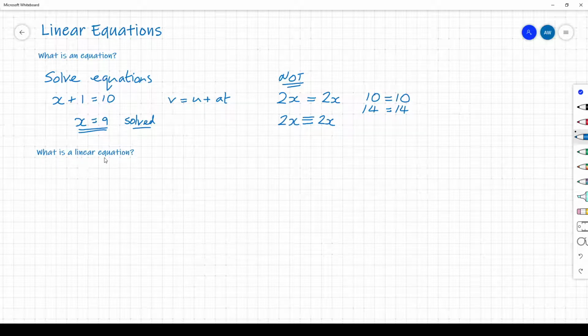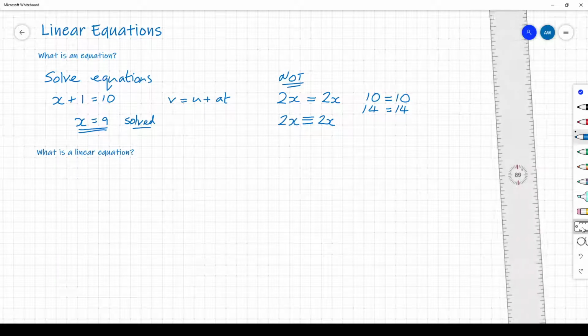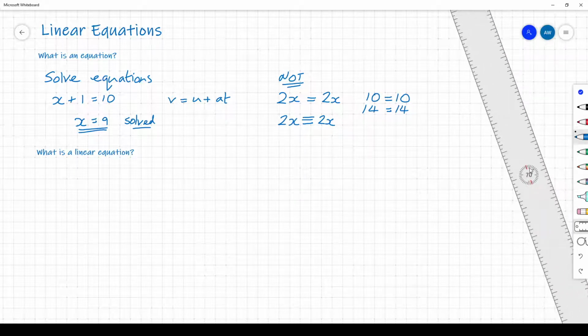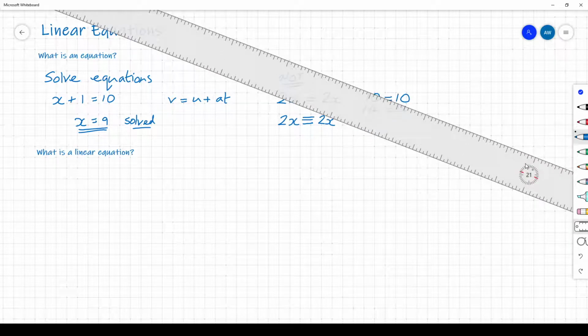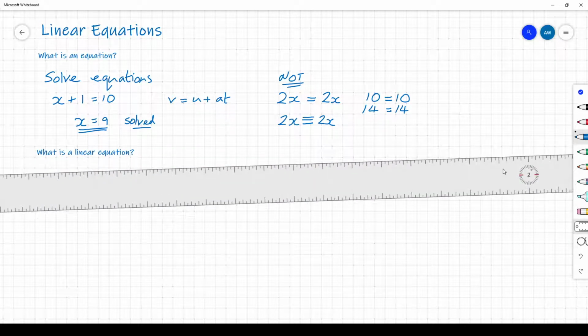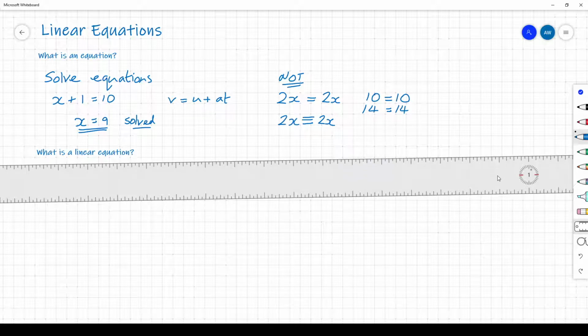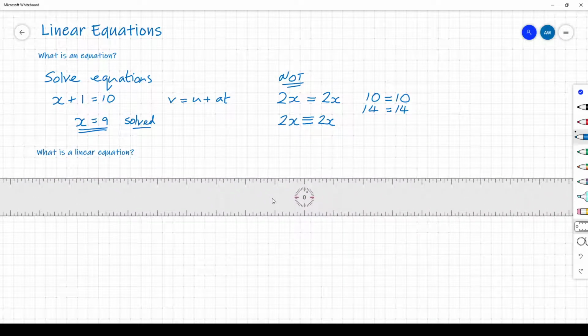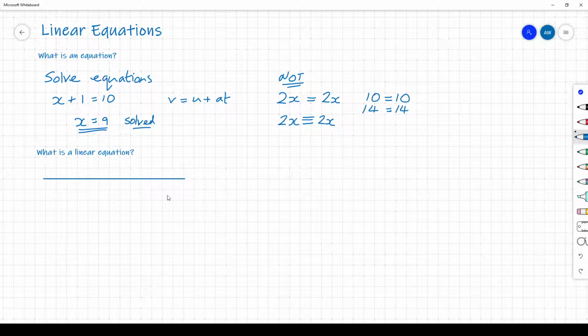What do I mean by a linear equation? Well, a linear equation, the word linear comes from line, and more specifically we're talking about straight lines. So if I bring my ruler over here and draw a straight line, because I can't do it without the ruler, that's a straight line. And linear equations are to do with straight lines.